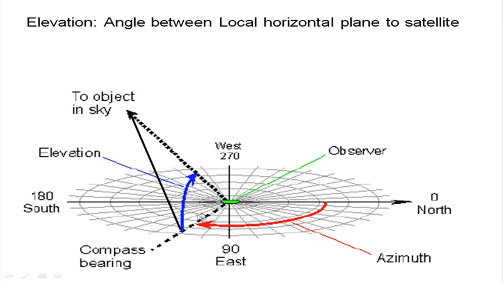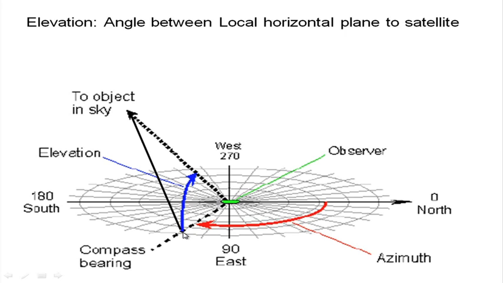The line joining the point which has cut, going towards the subsatellite point, to the line joining the observer to the satellite, this angle is elevation.